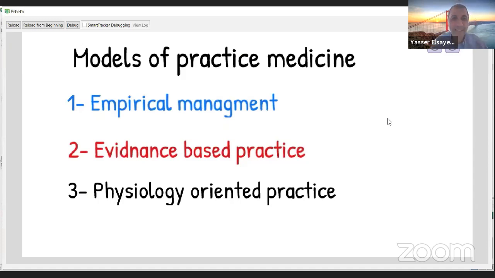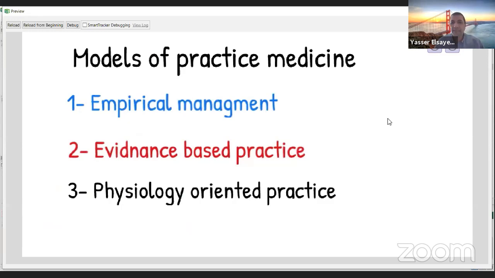The first one is very limited, and I advocate to avoid doing that if possible. So empirical management means that you have just one way of assessment. For example, if you are trying to manage hypotension in term or preterm infant, assuming that the blood pressure just equal to his gestational age, and that's the same for everyone, and using the same way of management.